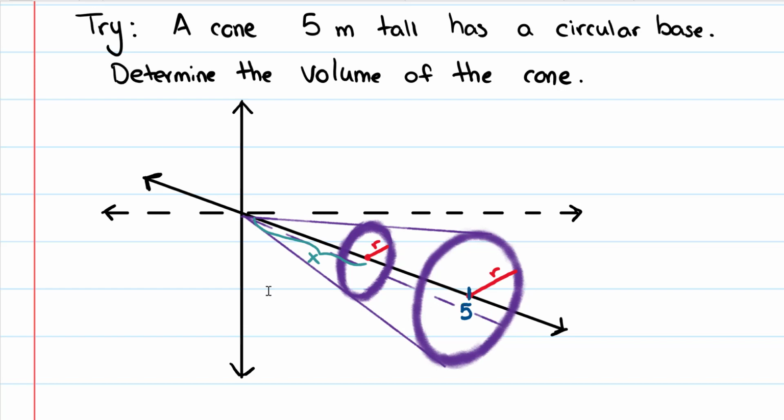And right here at this point, since our height is 5, we can determine the radius of the circle. In this example, we're also using that the radius is equal to the height of the cone. So the radius here is equal to x, since this height is x. So at the bottom of the cone, the radius would be 5, since the height is 5.